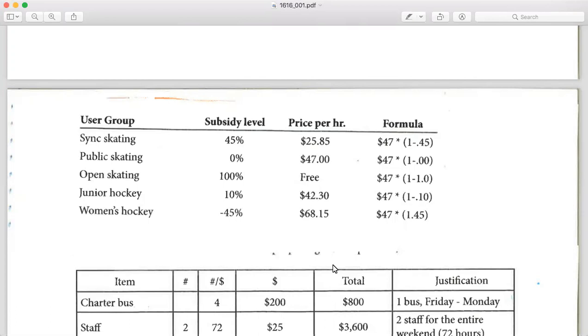So note that a negative subsidy is a profit, and 100% subsidy means the program is free. If the subsidy rate is 0%, then the program is priced at its break-even point. So if you all look at public skating, that's the break-even. That's 0 subsidized. It pays for itself, in other words.